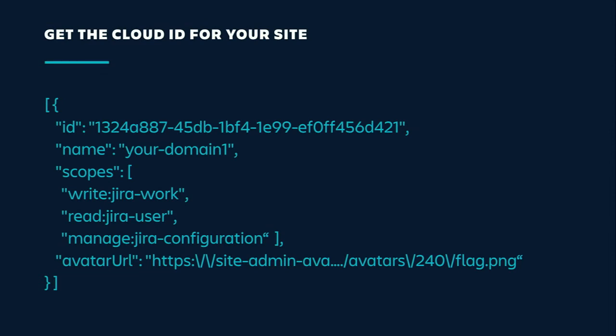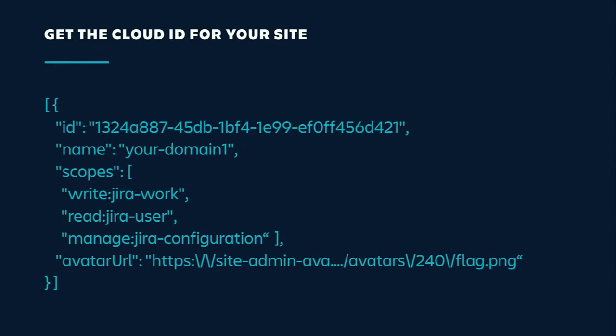The sites also have a name. Sometimes that name actually matches the host name of the site, so it could be ecosystem.atlassian.net, but it's actually something the admins can set themselves. The host name is just the default, so you shouldn't really trust that and try to use it to do stuff. You actually have to check the host name using some other API once you know the cloud ID.